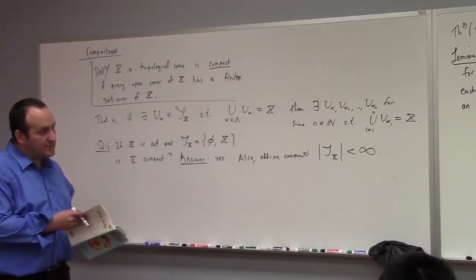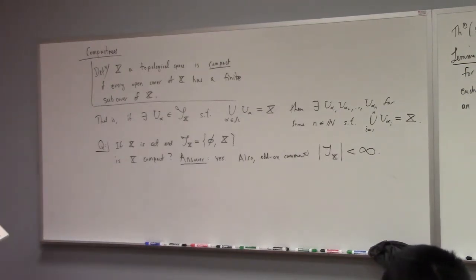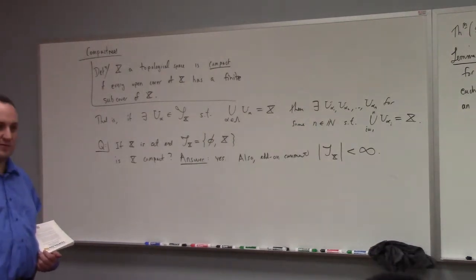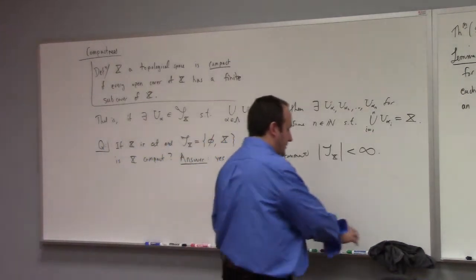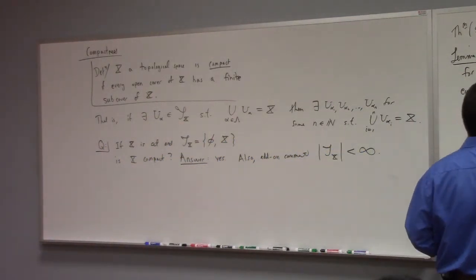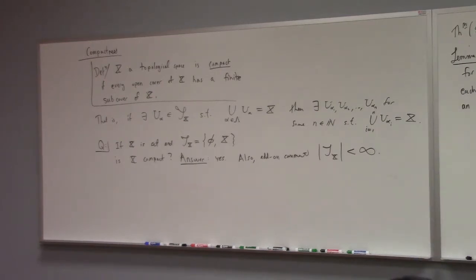Now I claimed that compactness is a topological property, which means that it's preserved under homeomorphism. Can you see why that theorem would be true? Sorry I took the time to write Lemma 5.2, that was kind of worthless. I should have skipped that one.